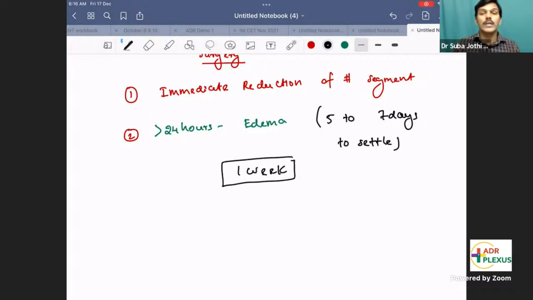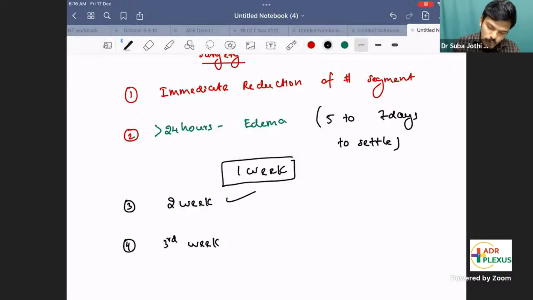So if the patient didn't turn up on day 1, you should counsel the patient that you should wait for 1 week. You can do the surgery in the second week to third week. Once the third week crosses, you should not do the surgery.